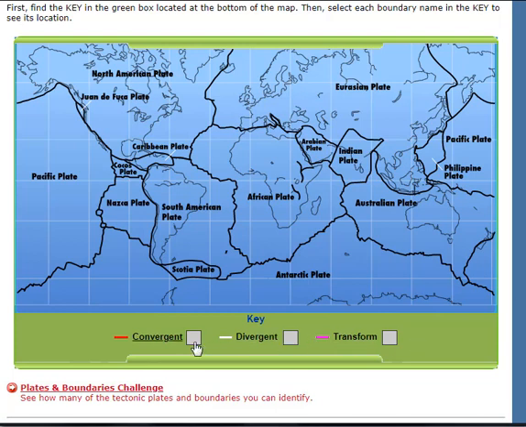If we click on our interactive map, we can see that there are convergent plate boundaries in a lot of places. One of the places that is close to us is the Juan de Fuca plate. Right here in Northern California, we have a convergent plate boundary. We also have one up here where the Aleutian Islands are, which is on the southern half of Alaska.